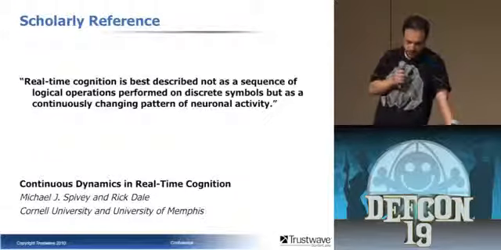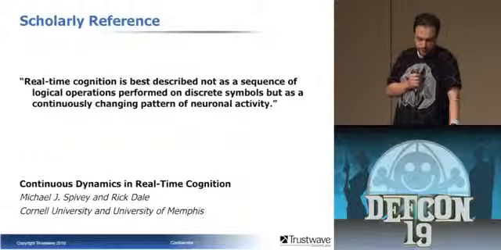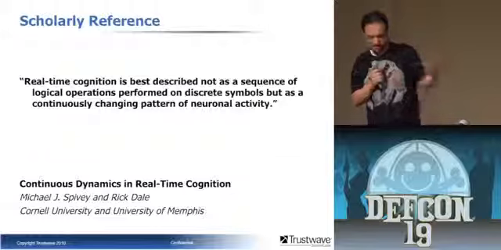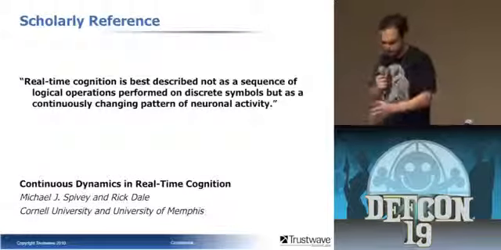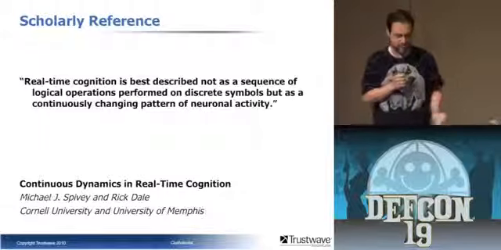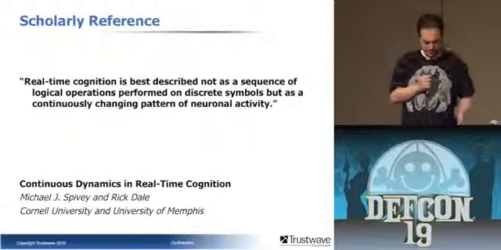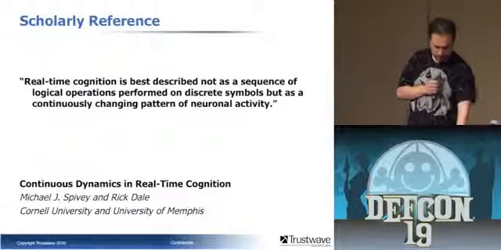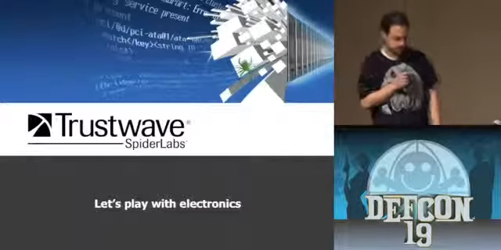What I take away from that is it's a flow. It's not chunked up like general analysis is. It's more like this flow, a tie-in to human stuff. So with that, that's enough of that. Let's play with electronics.